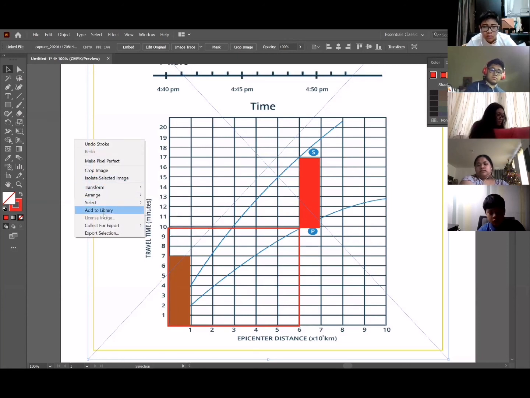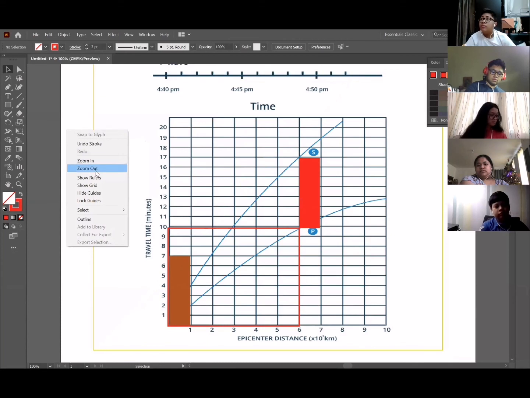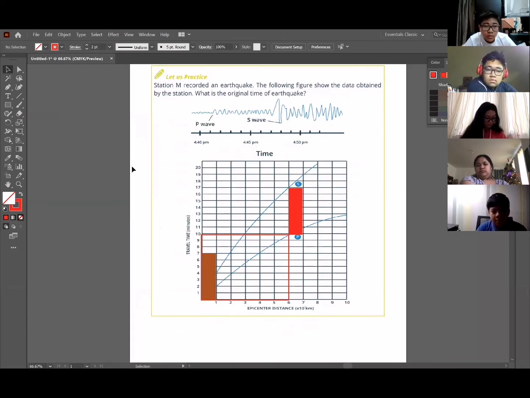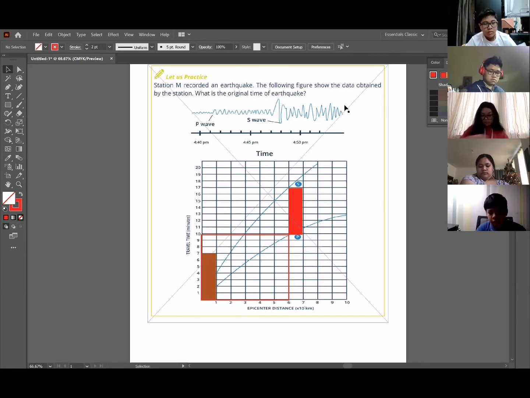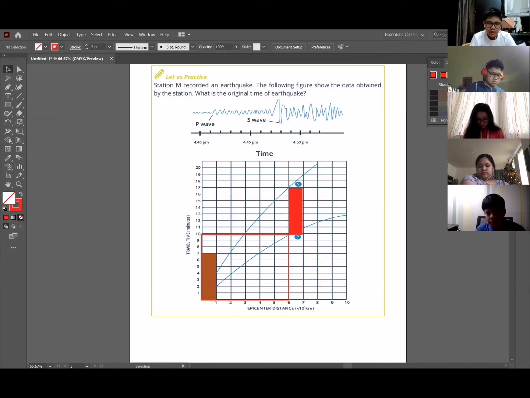What is the answer? What is the formula for the original time? We have to subtract the travel time of the P wave from the arrival time of the P wave, which is 4:41 and 5 seconds.